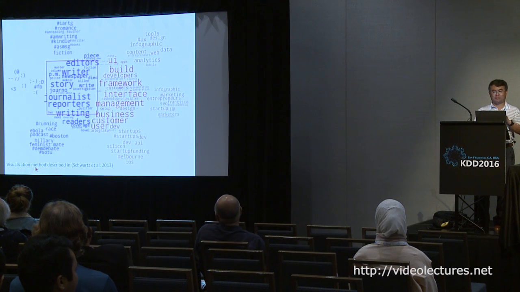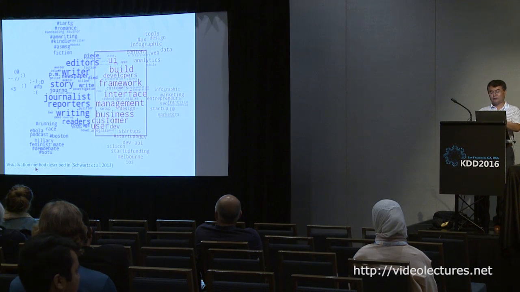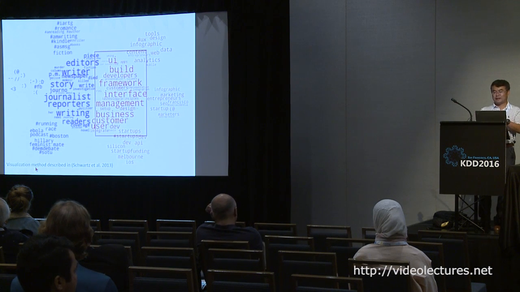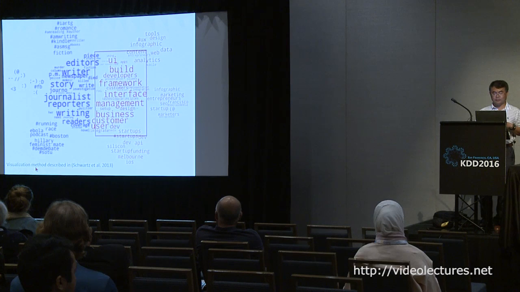Because you mentioned story, writer, journalism, blah blah. And then these are smaller topics by this type of job. Okay, and what are the red? The red tag clouds are the ones they use least often. Okay, they don't say anything about management, interface, marketing, and so on and so forth. Okay, so that's one example.